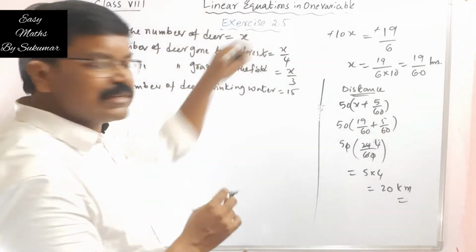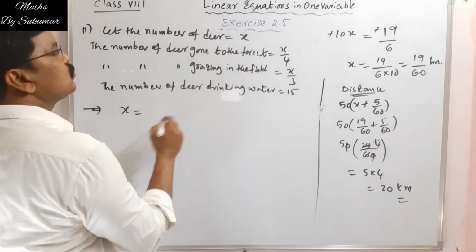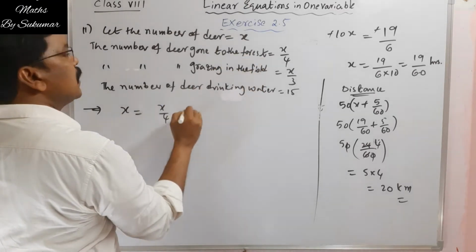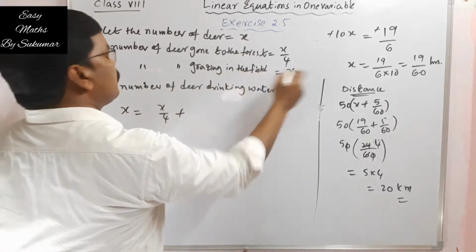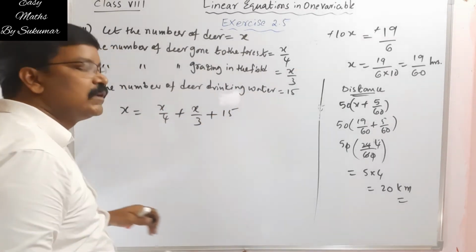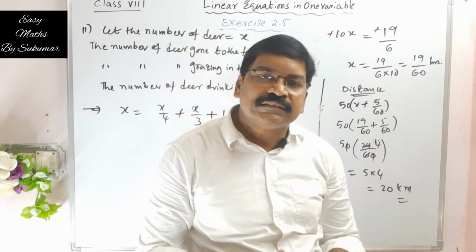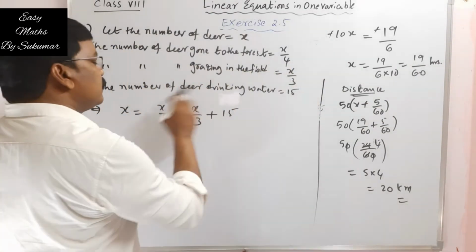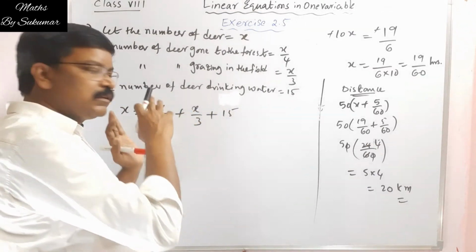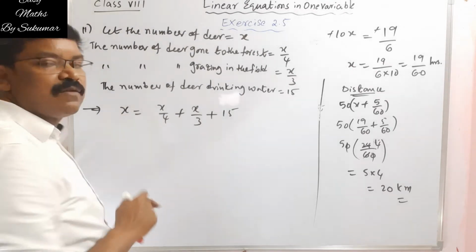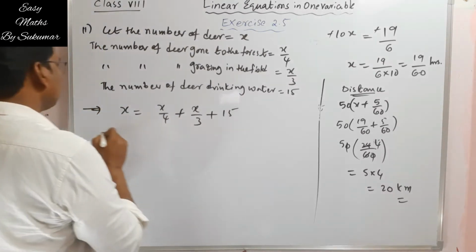The total number is x. So x is equal to the number of deer gone to the forest, x by 4, plus the number of deer grazing in the field, x by 3, plus the remaining 15 drinking water at the bank of the river. These three together give the total number of deer.